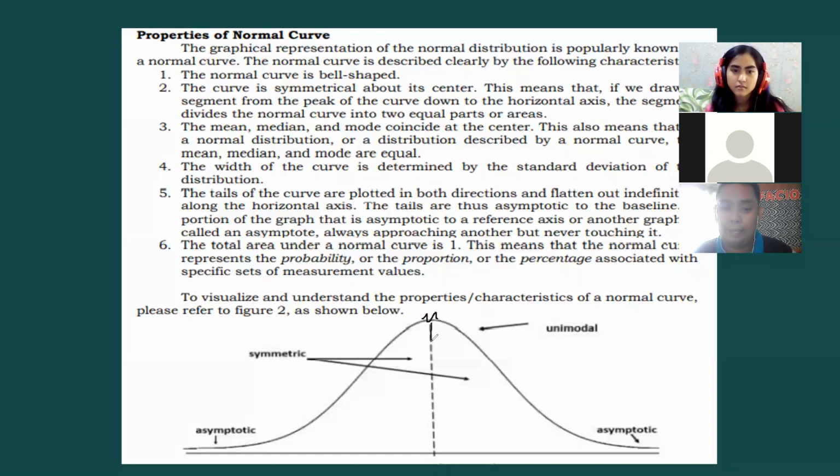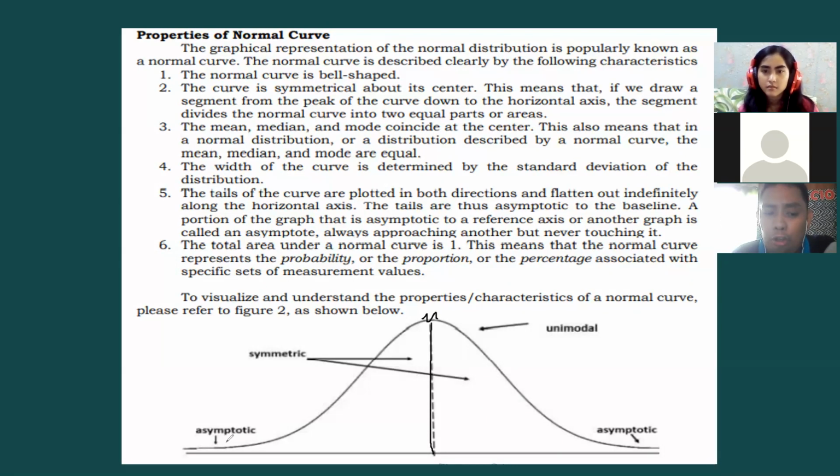Kapag dinrawing natin itong line na ito, kasi itong line na to ang nagdi-divide sa dalawa. At ang line na nagdi-divide sa dalawa ay makikita natin sa mean. Tandaan natin. In a normal curve, the mean, median, and mode coincide at the center. This also means that the normal distribution or the distribution described by a normal curve is where mean, median, and mode are equal.